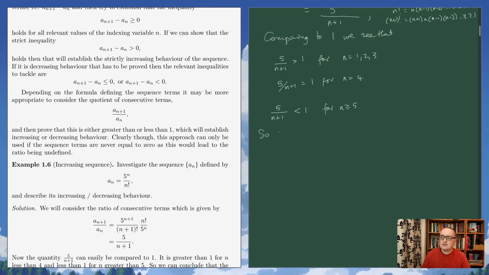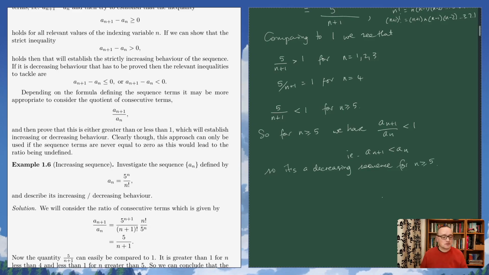So for n greater than or equal to 5, we have that a_{n+1} divided by a_n is strictly less than 1, i.e. a_{n+1} is strictly less than a_n. So it's a decreasing sequence for n greater than or equal to 5.